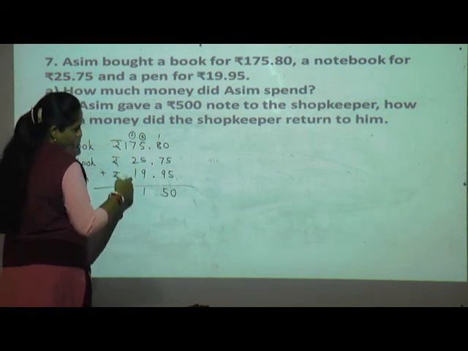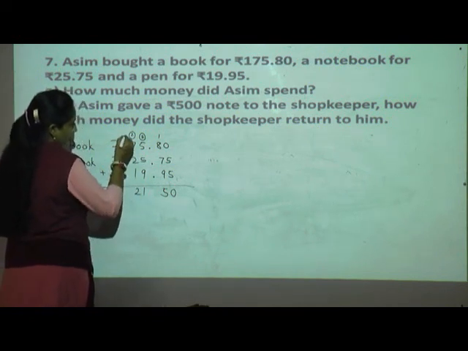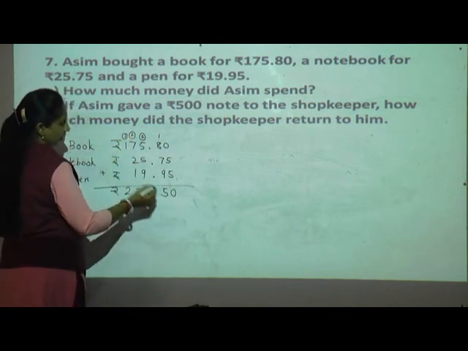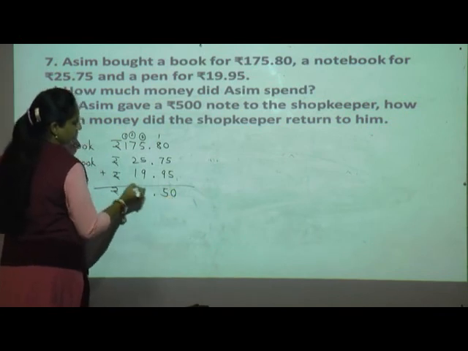Correct, 11, 11 plus 1, 12. So write here 2, 1 will be carry. 1 plus 1 is 2 rupees. The decimal point from right side after 2 digits.